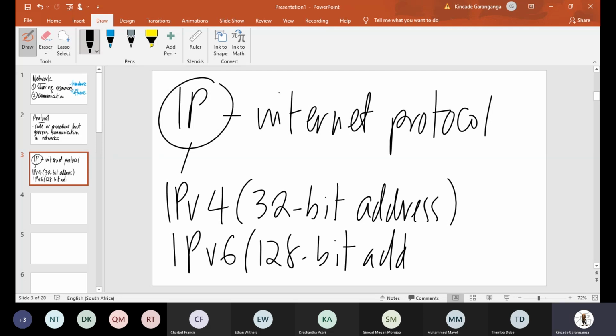Right. So this looks at an address that uniquely identifies a machine within any given network.